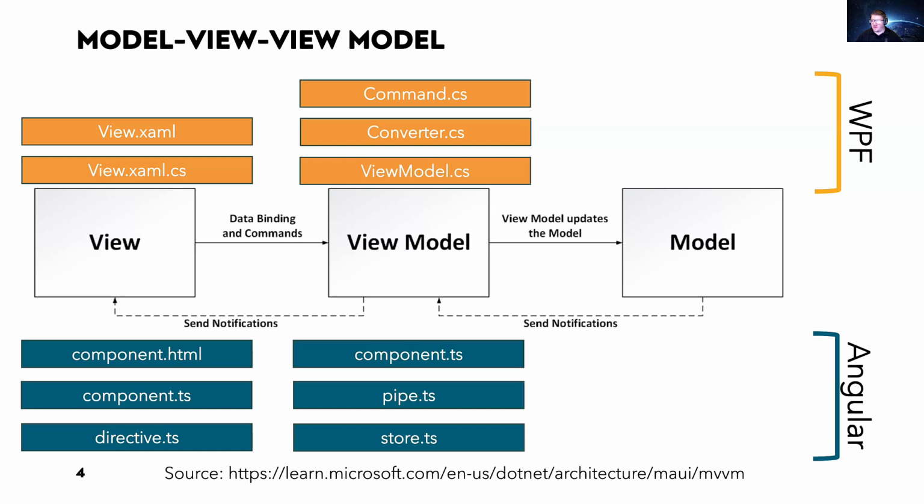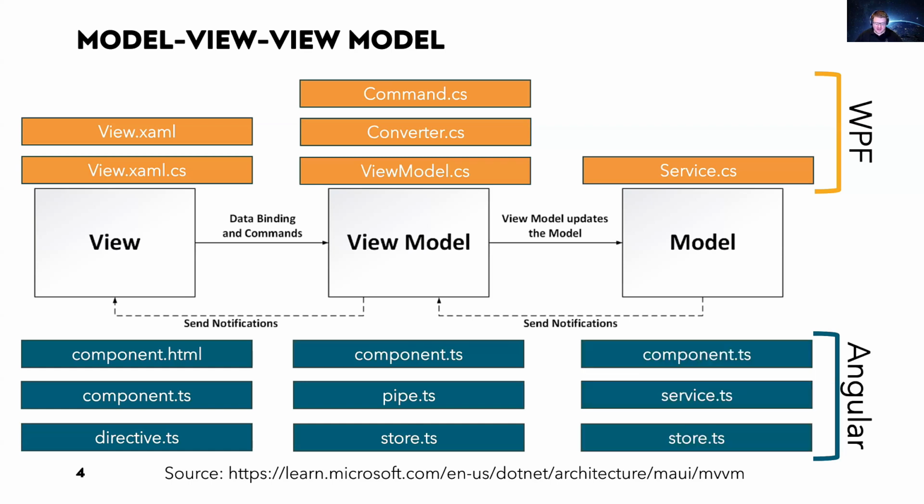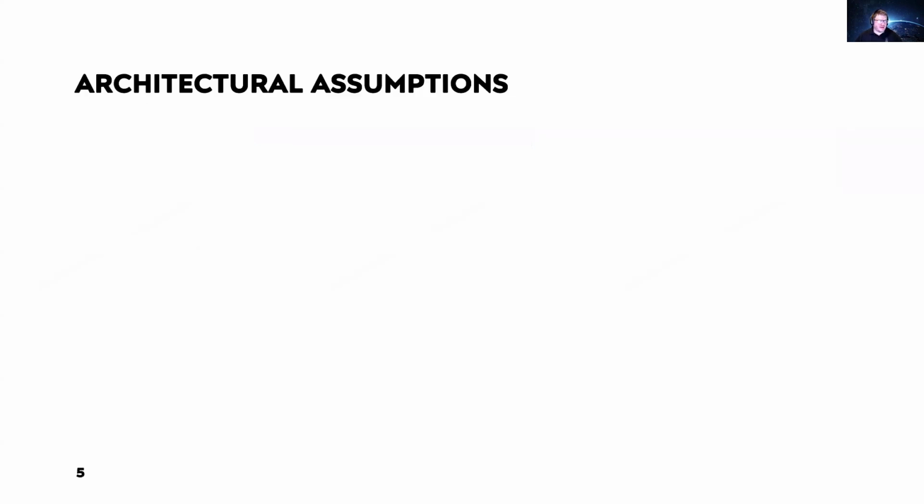And last, the model for a WPF app is contained entirely of services, whether those are for business logic or for accessing the data layer like a database or even other APIs. And Angular apps have the component again, that business logic that tends to creep in. Of course, services for both logic and accessing APIs in the web app, and stores for the business logic that ends up in them.